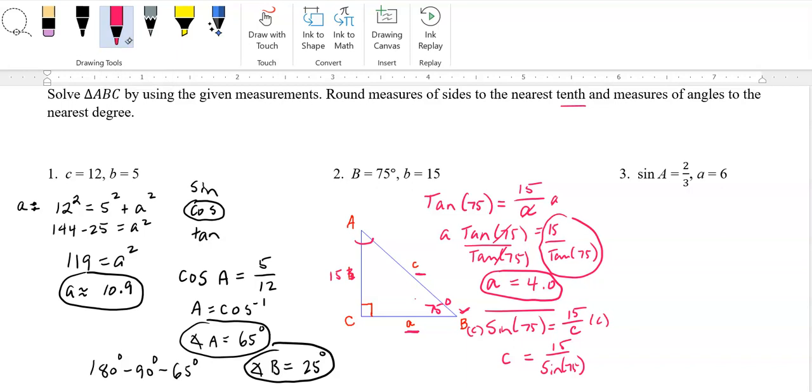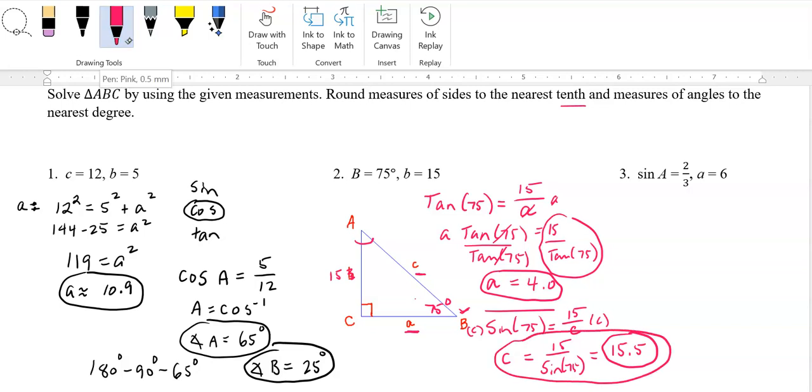So let's go to our calculator again. 15 divided by sine 75. And that's 15.529 and so forth, but to the nearest tenth, it's going to be 15.5. And so that's side C.